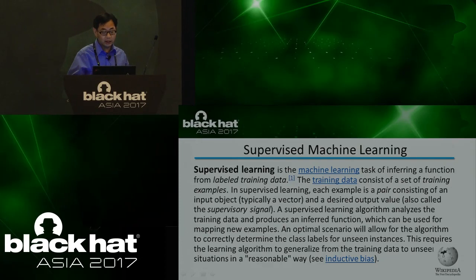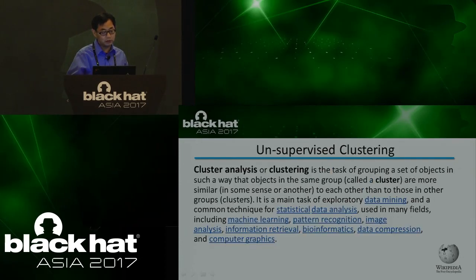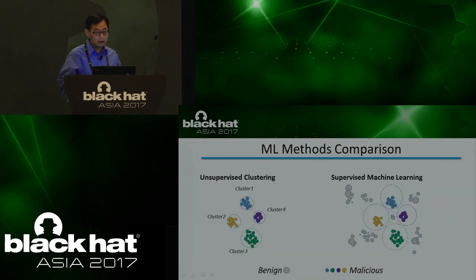Supervised learning, I copied from Wikipedia, so I'm not going to read it. There's a lot of information out there. For our purpose, we compared: the left panel is unsupervised and the right panel is supervised. For the unsupervised, we don't need benign samples, we just need positive black samples.